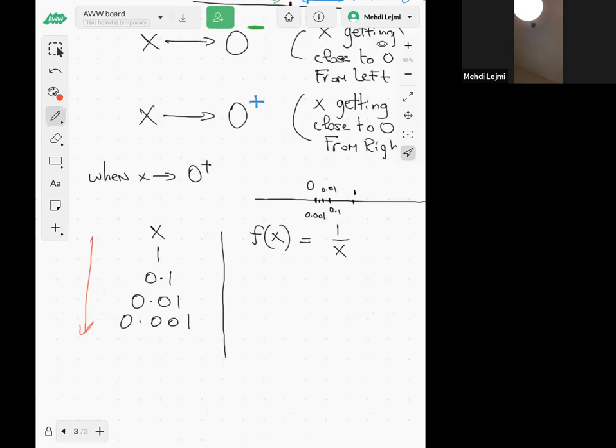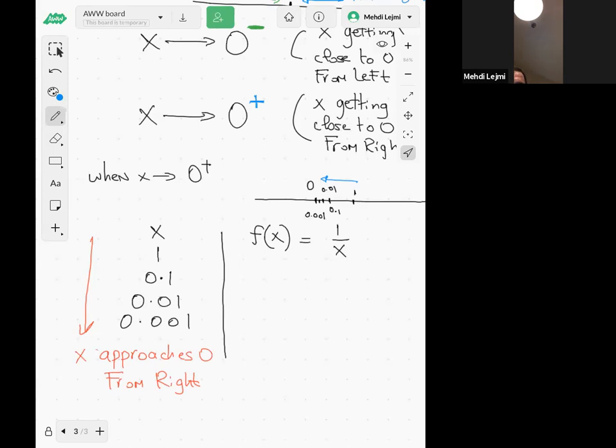You are approaching 0. So here x approaches 0 from the right side, because as you can see, on the right side of 0, it's positive. That's why it's from the right, because these values are on the right side of 0.